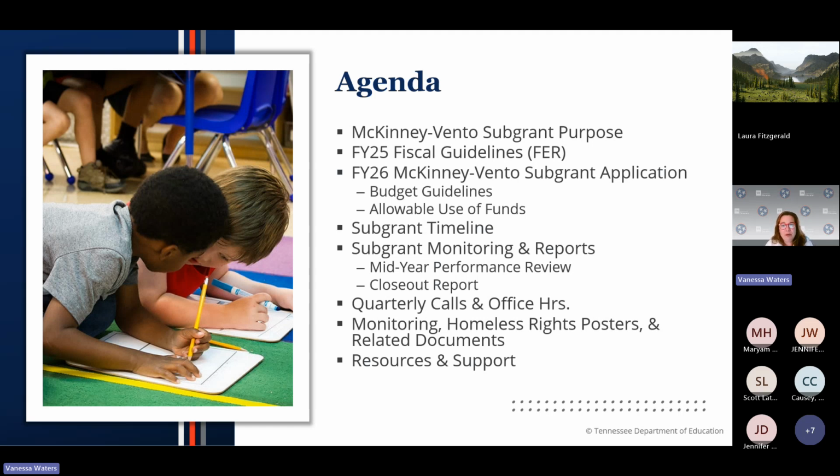I will discuss mid-year review and closeout report, and we will look at the new quarterly call and office hour schedules. And then finally, we'll look at the department's McKinney-Vento homeless program monitoring requirements, along with the posters and some related documents. Again, please feel free to unmute your line or drop questions you have in the chat box.